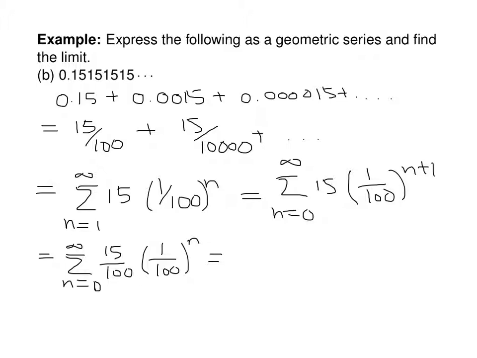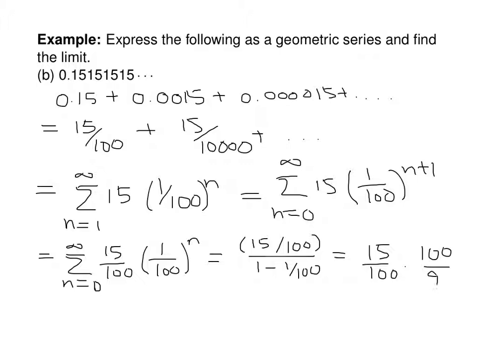So using our formula, this will sum to 15 over 100 divided by 1 minus 1/100th, or 15 over 100 multiplied by 100 over 99, which is 15/99ths, or dividing the top and bottom by 3, 5 over 33.